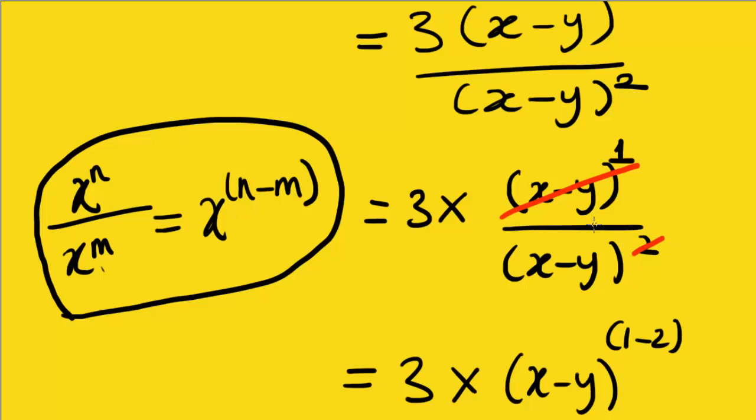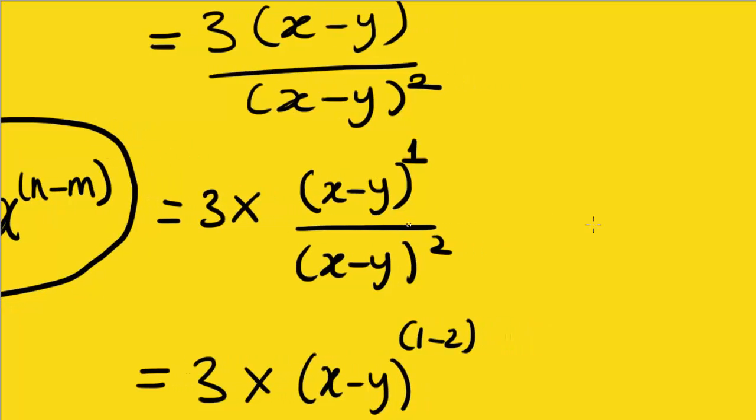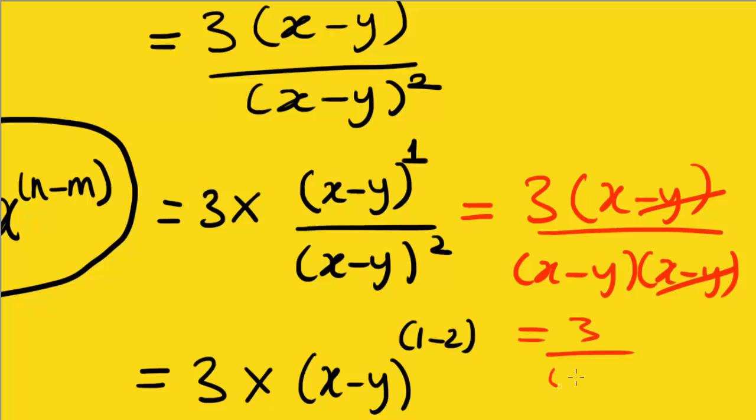Some people will understand it, but some people might not. That's why I didn't want to do it that way. Or another way you could have done the simplification is rewrite the expression as 3 times x minus y over x minus y squared, which is x minus y into x minus y. So you just cancel out x minus y, and all you're left with is 3 over x minus y.